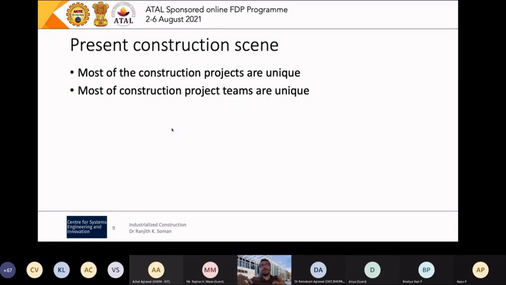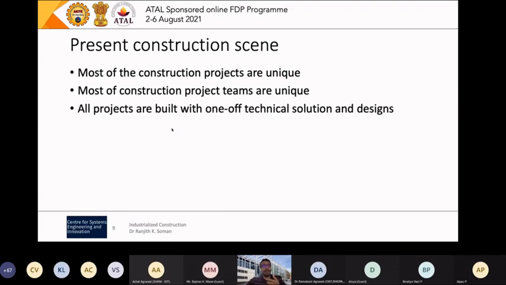So whenever people leave, the company loses a lot of assets. Also, when a new person comes into the team, it takes a lot of time for them to learn the company processes or the company's design philosophy. So can we make projects unique, yet help project teams understand them better? There is a lot of cost associated with changing teams, which is studied under the big heading of transaction cost economics.